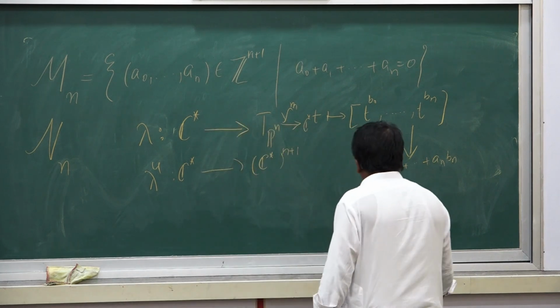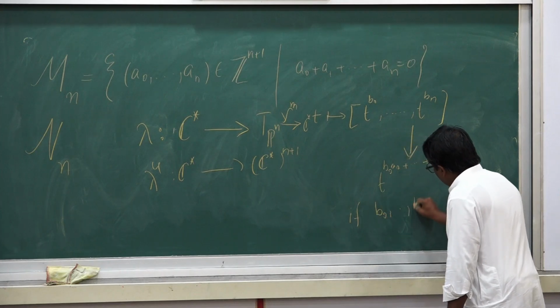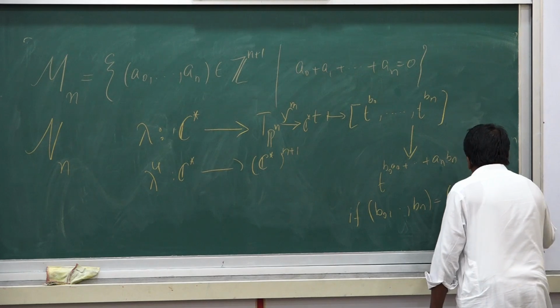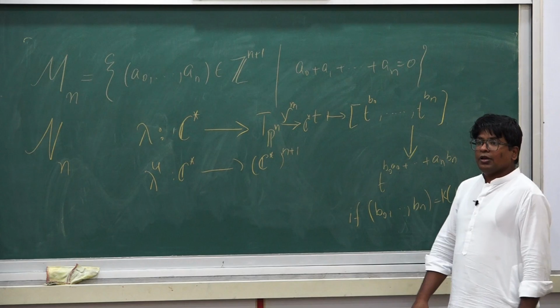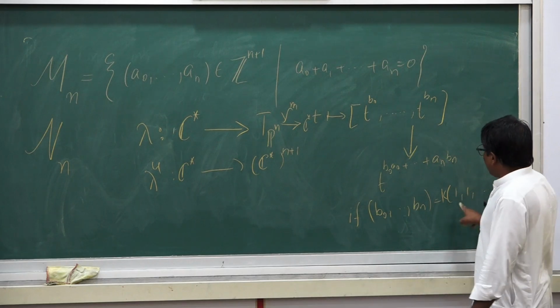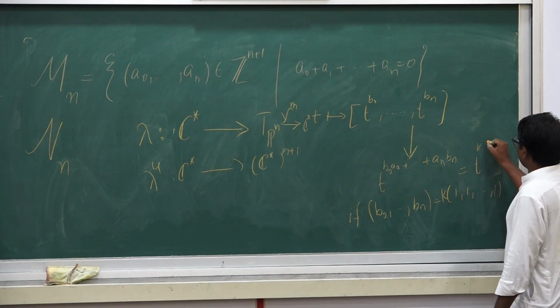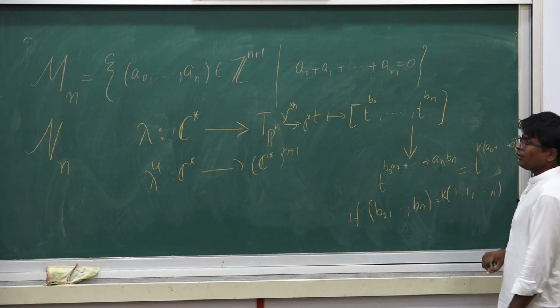So in other words, if I choose b naught up to b n to be 1, 1, 1 or any multiple of this, in that case this will become t power k times a naught plus a n.